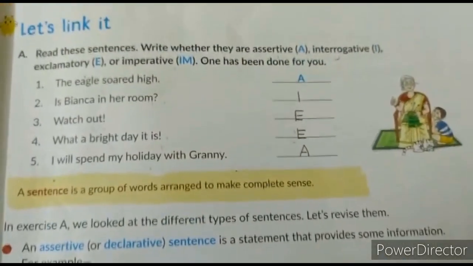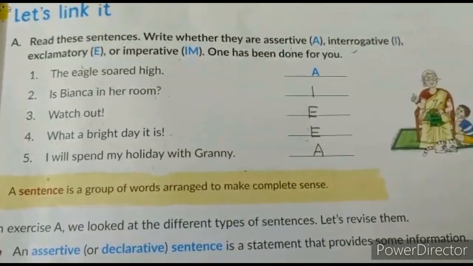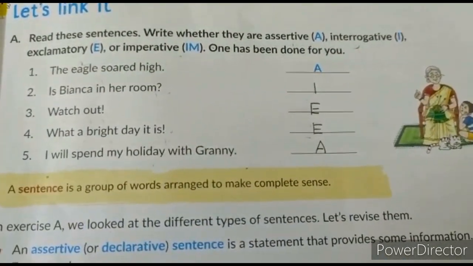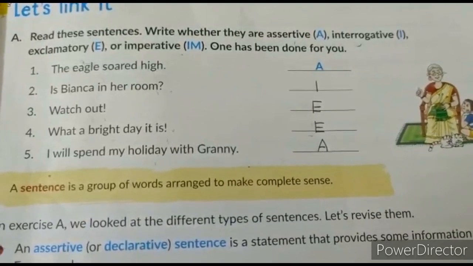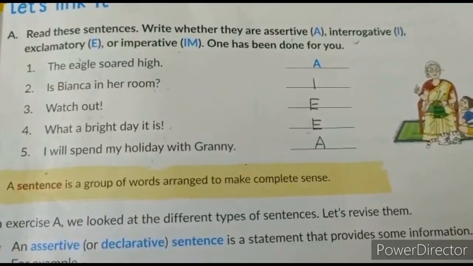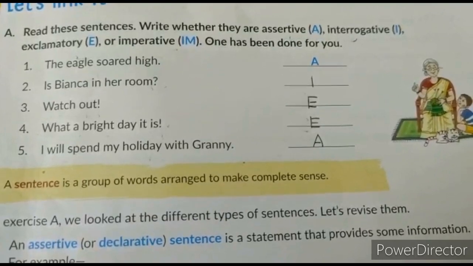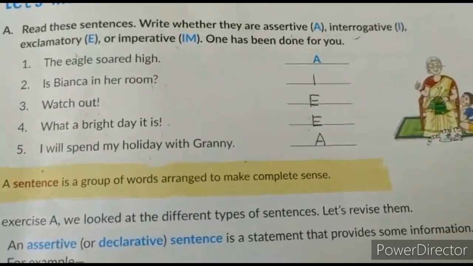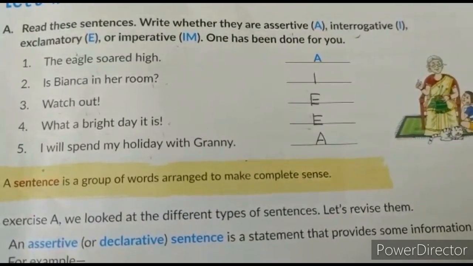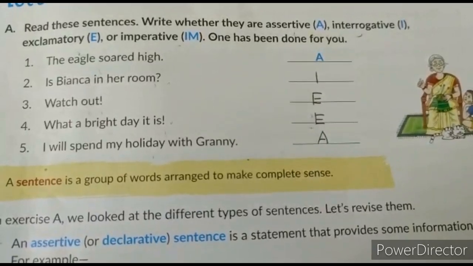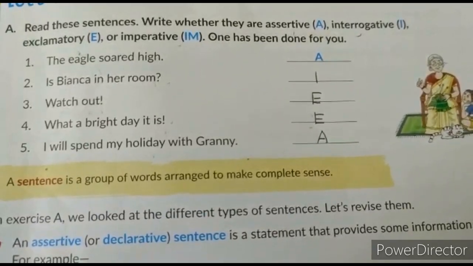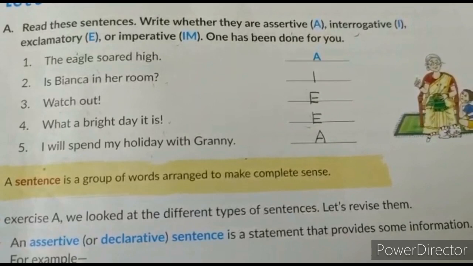Now let us see the first exercise. The first example has been done. See the second question. It ends with a question mark. So it is interrogative. So we will write I. The third one, watch out. It ends with an exclamation mark. So it's sudden feeling or emotions.